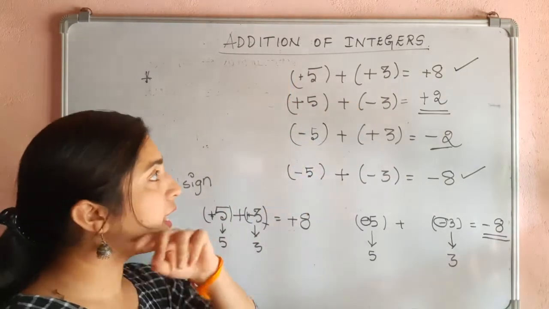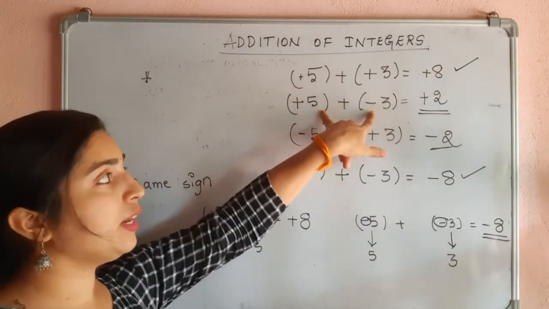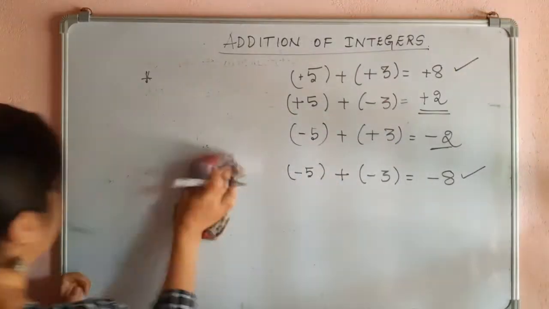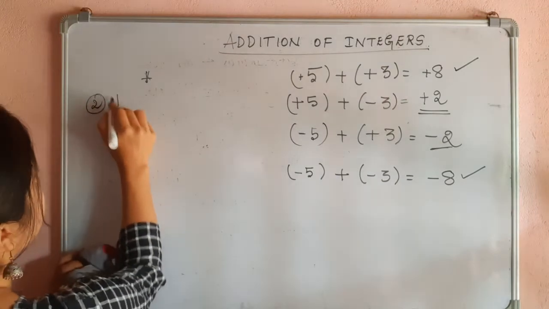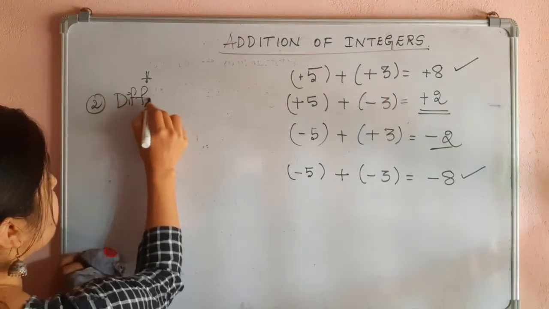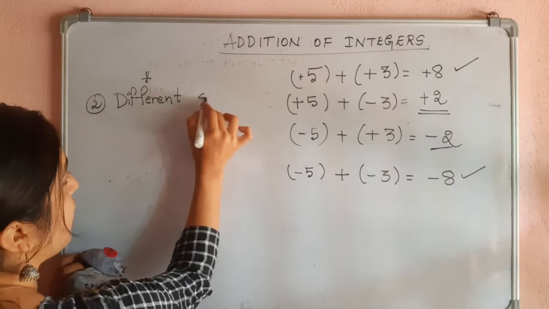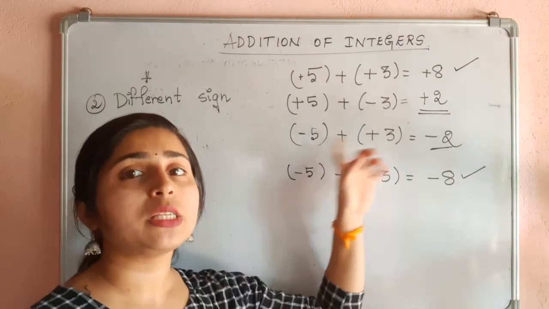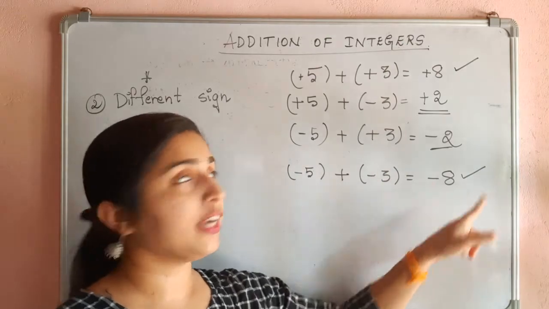In the second case, we will discuss when two integers have different signs. That means one integer has a positive sign and another integer has a negative sign, a positive integer and a negative integer.